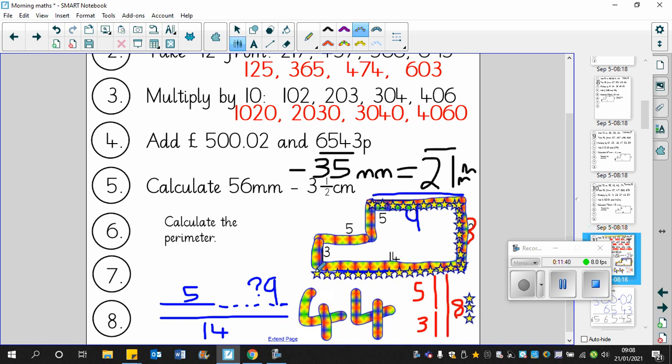Well, 17 add 10 is 27, plus 4 is 28, 29, 30, 31, 32, 33, 34, 35, 36, 37, 38, 39. And then 39 add 5 is 44. Aha, which is what we've got here. So it must be correct. Okay, so the perimeter of that shape is 44 centimeters or millimeters, whatever you were working on.